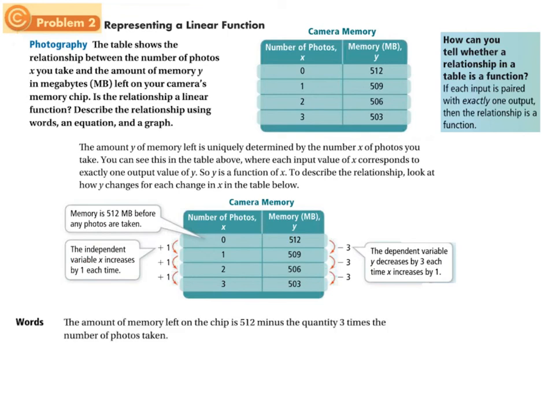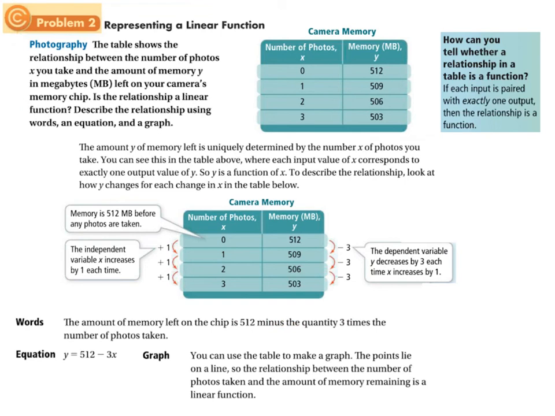Okay, so in words, you would say the amount of memory left on the chip is 512 minus the quantity 3 times however many photos were taken. So that looks like this. Y, the amount of space left, is equal to 512 minus 3 times the number of photographs taken.